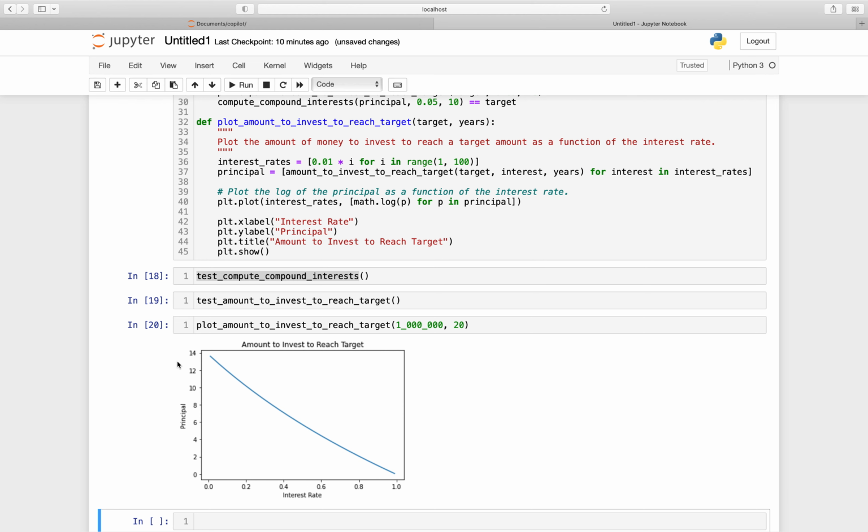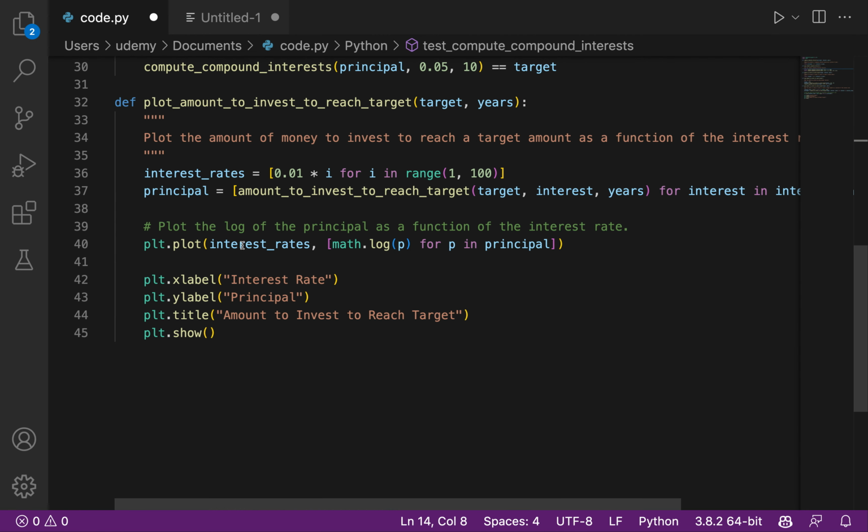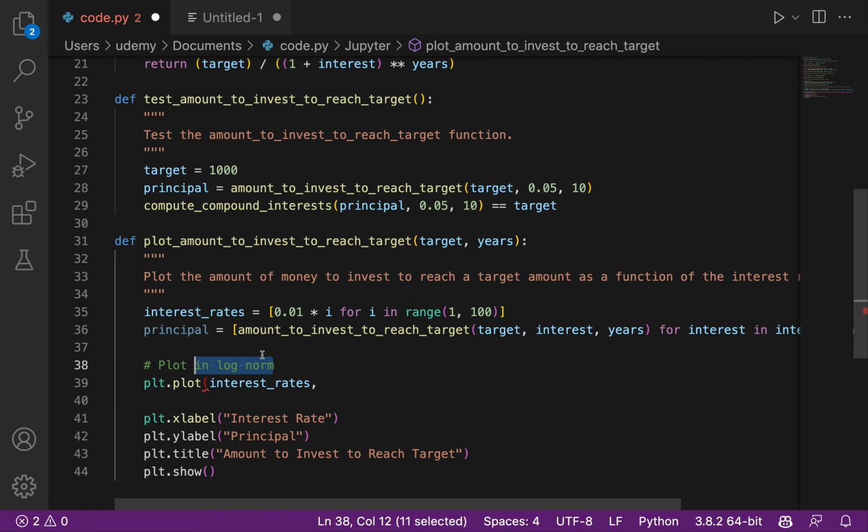What we could do is to change the axis. So I will just keep it as it was. But it's great that we see that we can easily get Copilot to plot in the log norm if we wanted to.